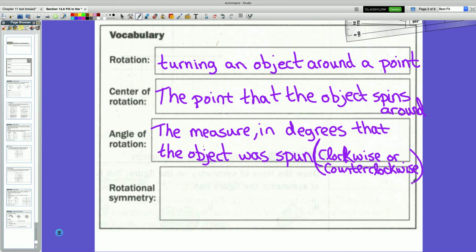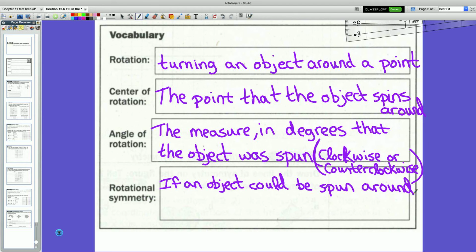Rotational symmetry then, so we talked about line of symmetry yesterday with the reflections. Rotational symmetry is if an object could be spun around its center, center with a C, there we go, and line up with itself.